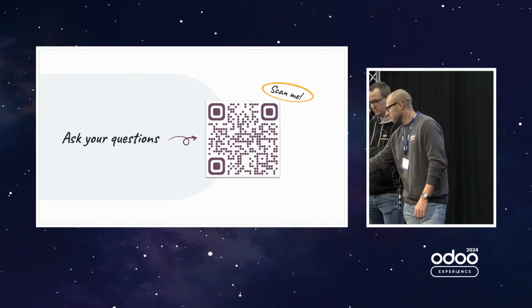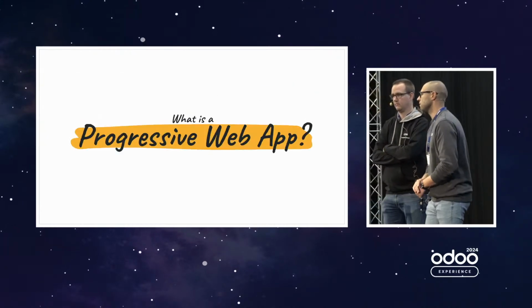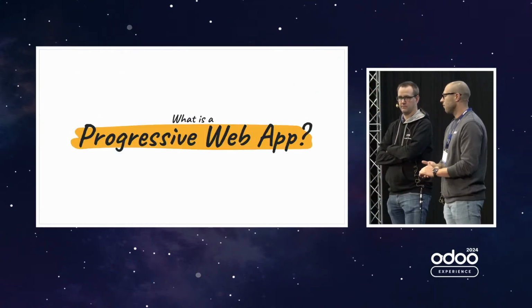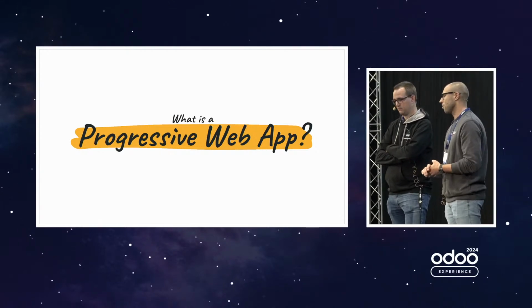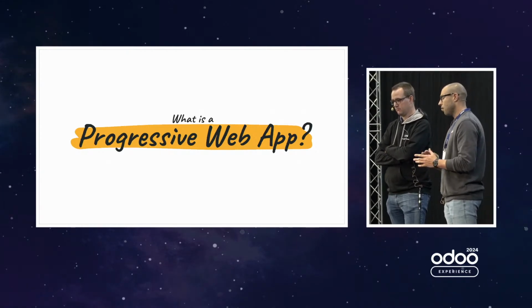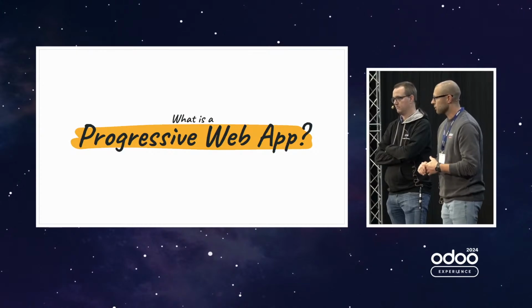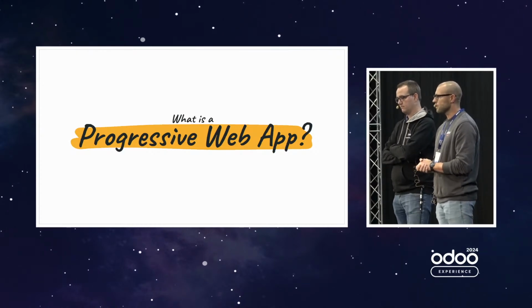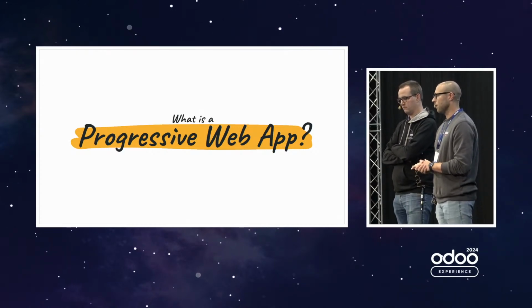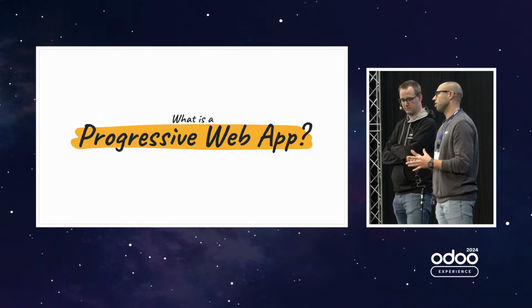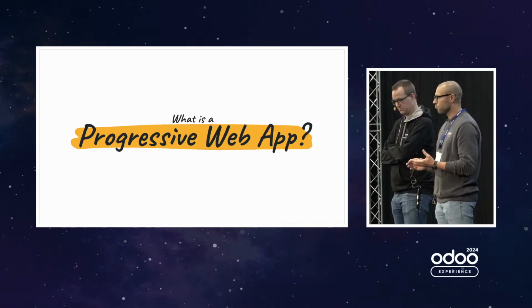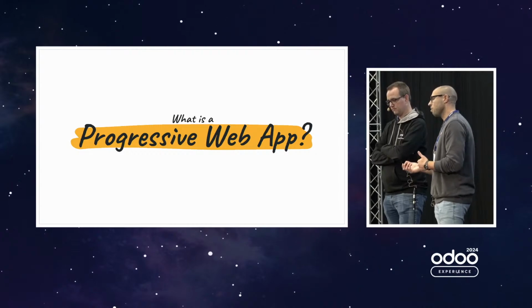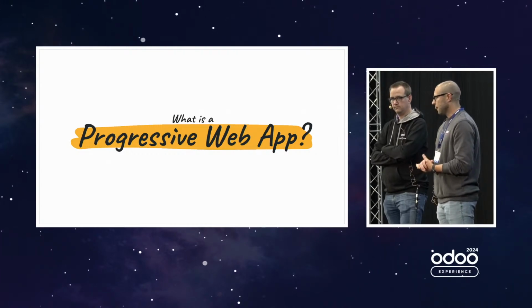Let's start, and first of all, as this is a functional talk, let's explain what a progressive web application is. A progressive web application is a type of application that uses modern web technologies to offer a user experience similar to a native mobile application on mobile and desktop devices.